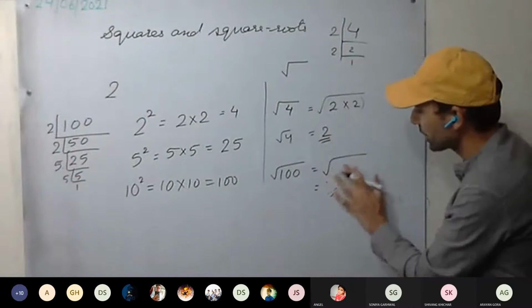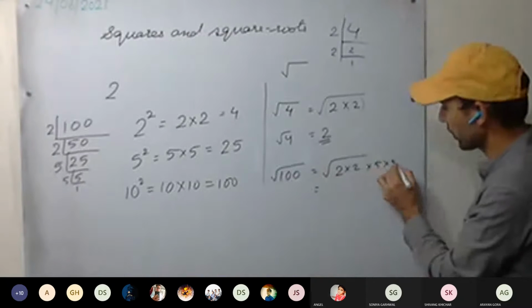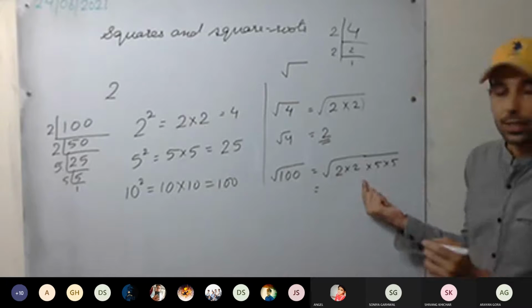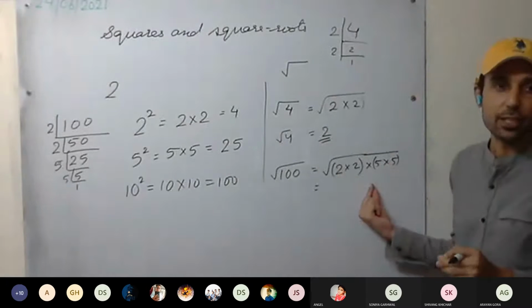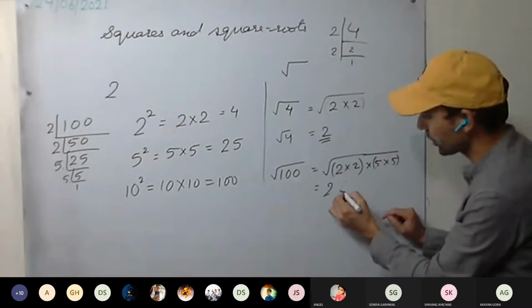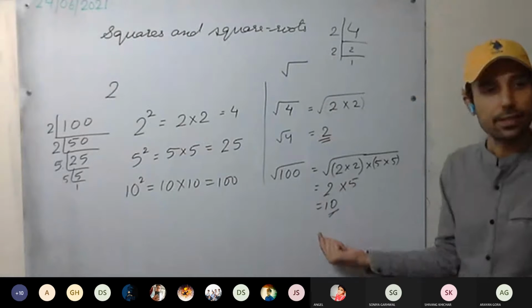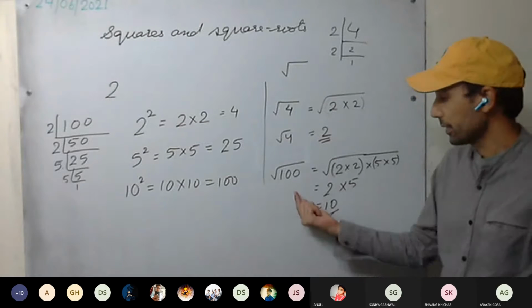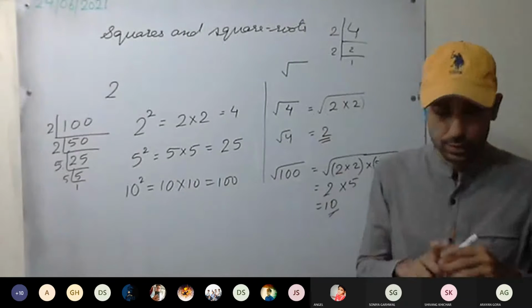So instead we can write 2 into 2 into 5 into 5 under the square root. Now form the pairs and from each pair we take 1 out. It will be 2 into 5, that is 10. This is clear? That is 10. This way we calculate the square root.